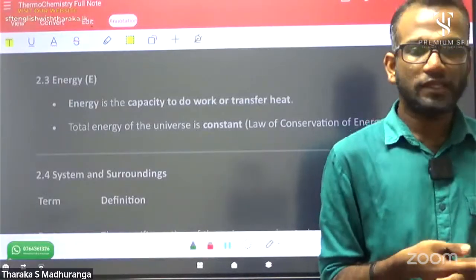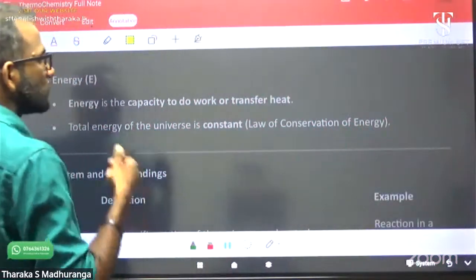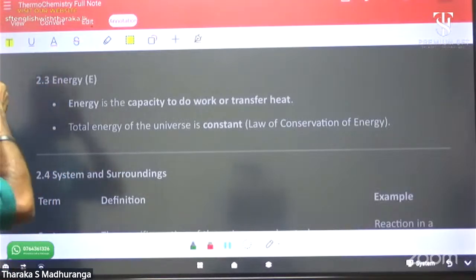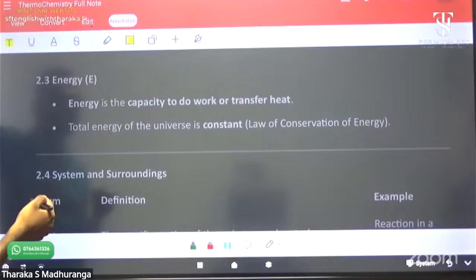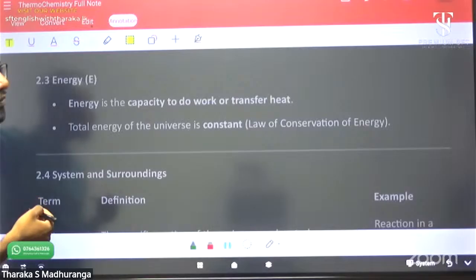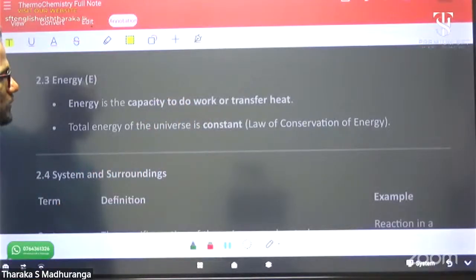Write down, the energy is the capacity to do work. It is given according to the law of conservation of energy.